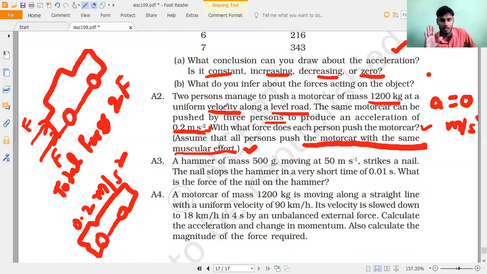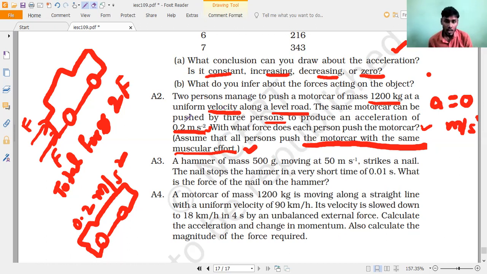So zero acceleration means the force applied by two persons is equal to what? Frictional force. Because if the frictional force is equal to the applied force, there is no increasing or decreasing acceleration. That is Newton's first law of motion: unless an external force is applied, the body remains in a state of rest or uniform motion.